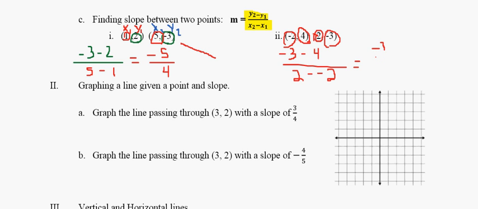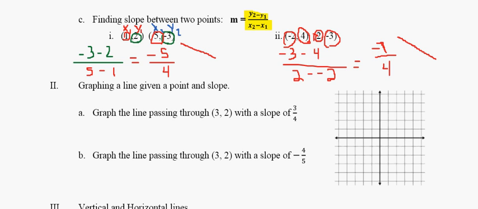So that would be negative 7 over negative 2 minus 2 is 4. So again, that slope is negative 7/4. Again, a negative slope. When we were to graph that, we would see that the line would decrease from left to right.